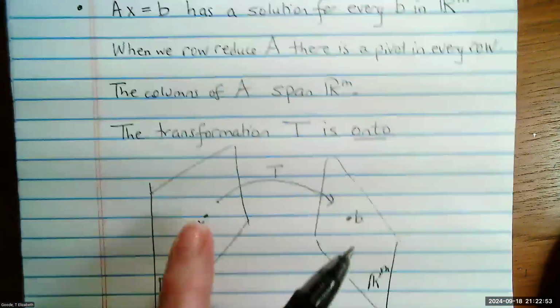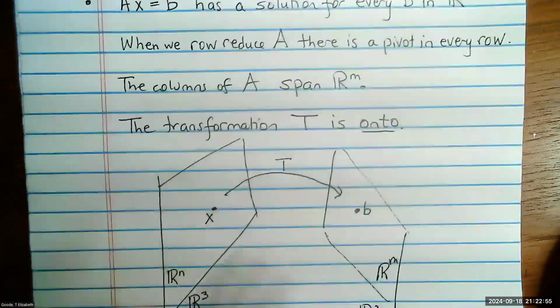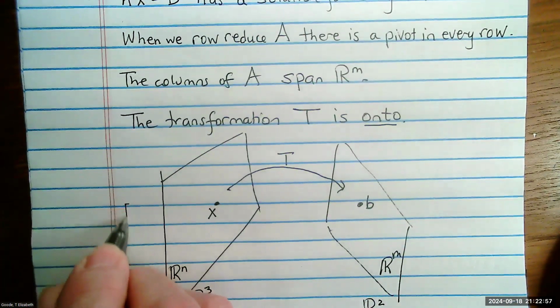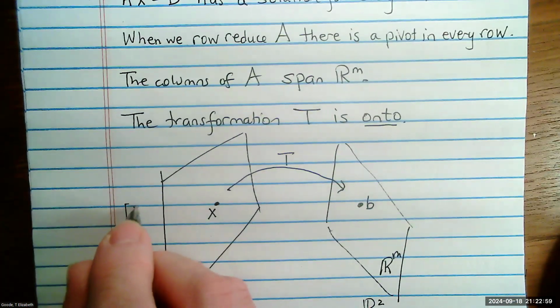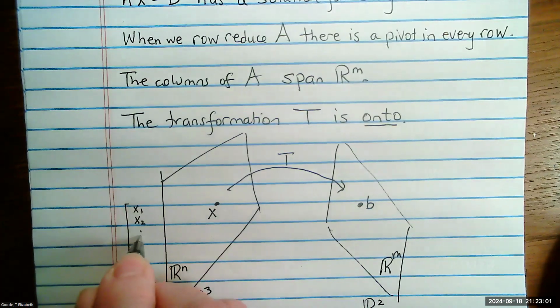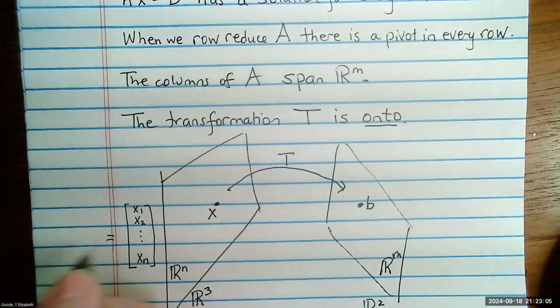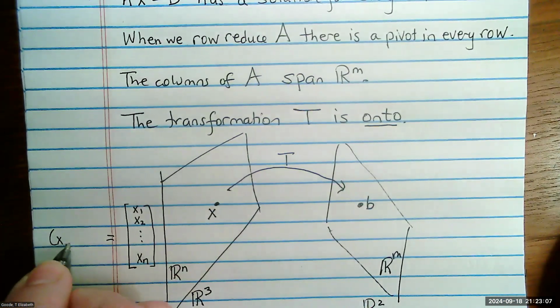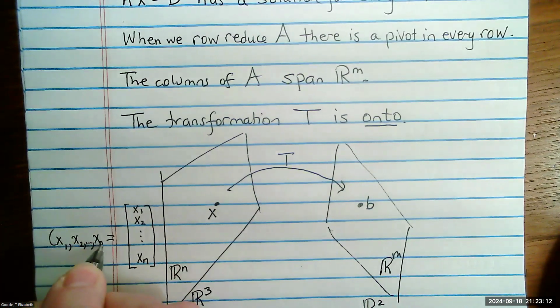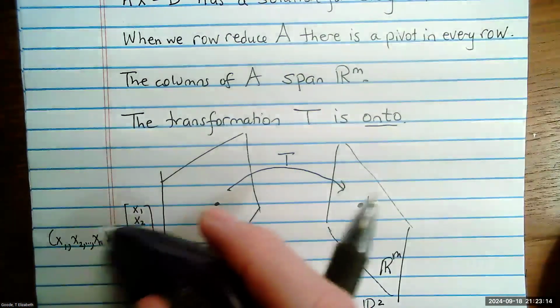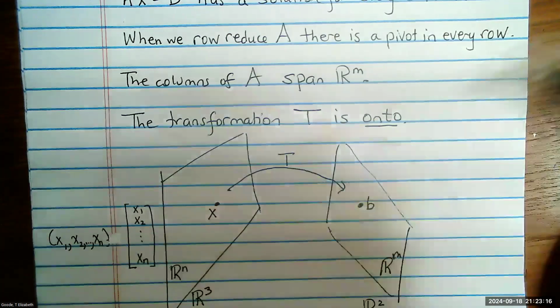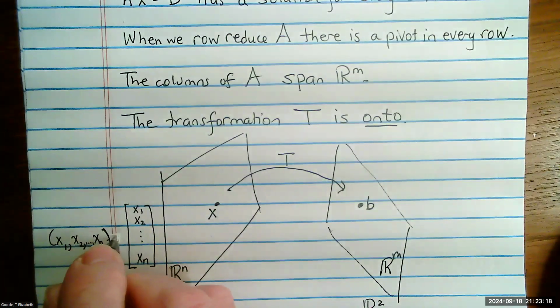The point is the vectors that live in Rn look like they've got n coordinates, x1, x2, dot, dot, dot, x sub n, if we write them as vectors. Or we can write them as n-tuples, x1, x2, dot, dot, dot, x sub n. It's two different ways to write the same idea of a vector x in Rn.